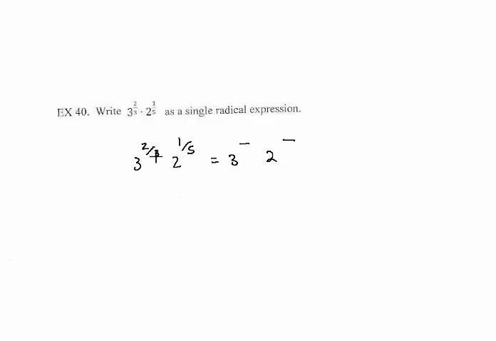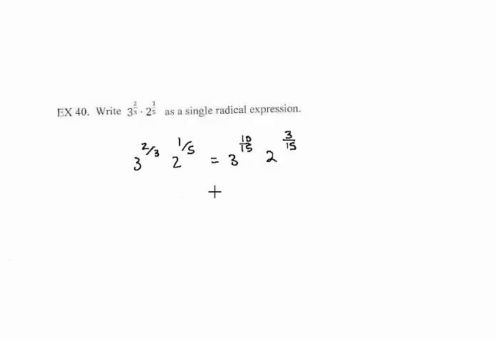So common denominator of 3 and 5 is 15. 3 goes into 15 5 times. 5 times the 2 would give us a 10. And 5 goes into 15 3 times. 3 times 1 is a 3.